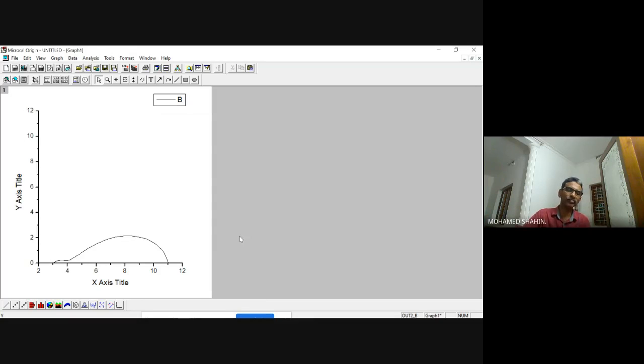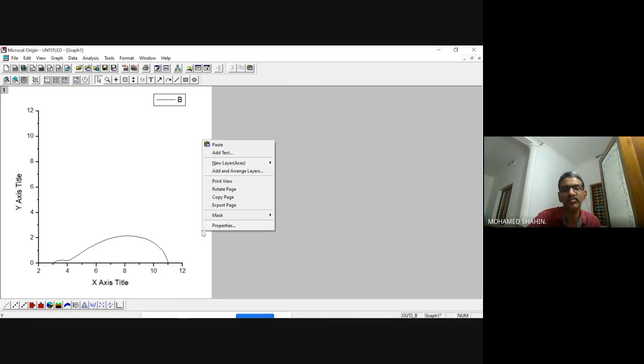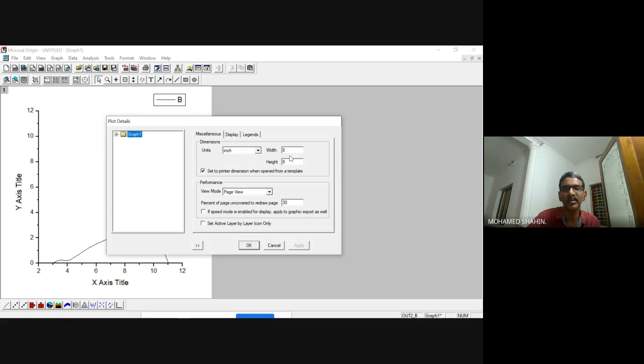Okay. Now you can see that you are not able to see what is happening here. So either you have to magnify it by appropriately giving the properties. I have shown you that we can increase these. Height is, let us say, 6 and width is 12.